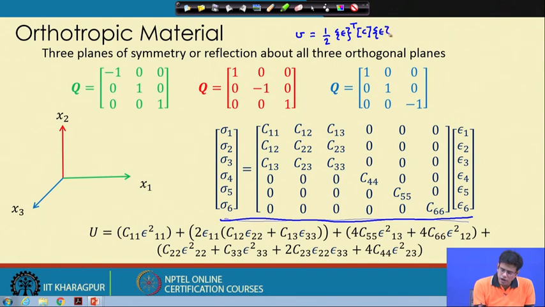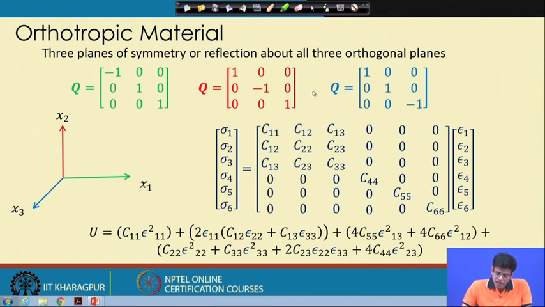This form we have seen in the Voigt notation, and in the general tensorial notation strain energy can also be represented, and this is the Voigt notation stress-strain relation. Here we have used the tensorial components of the strain, that is epsilon 1 1, epsilon 1 2 and so on. So this is the strain energy function for the orthotropic material.